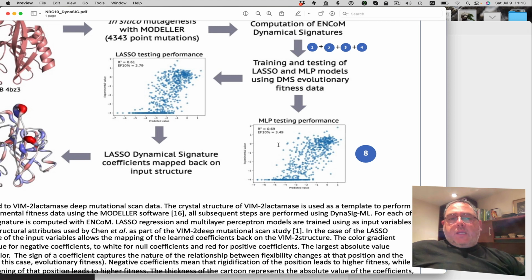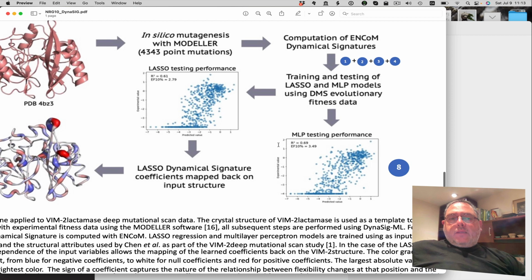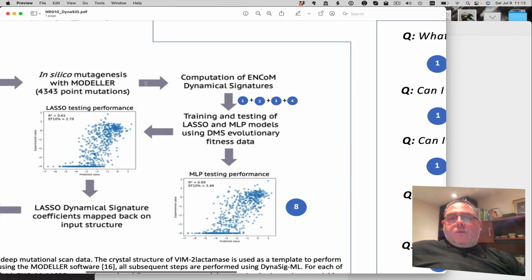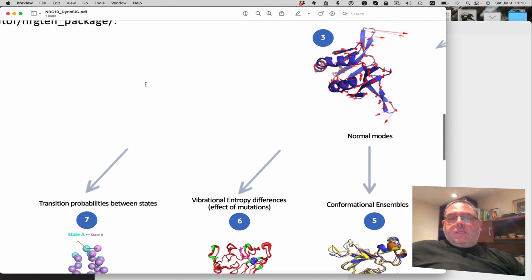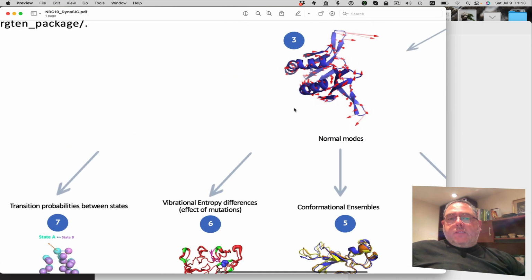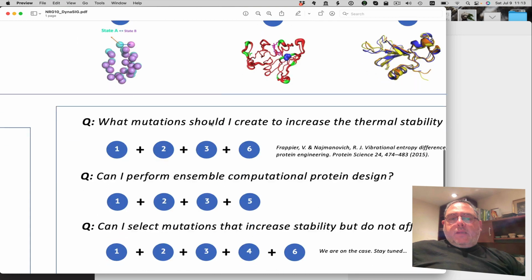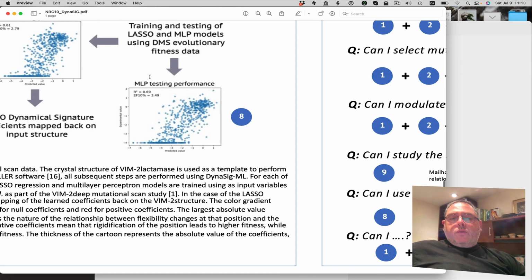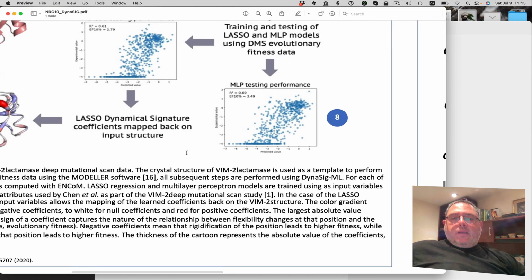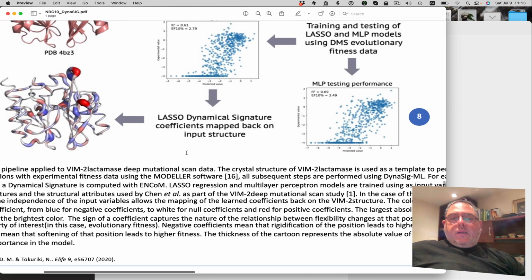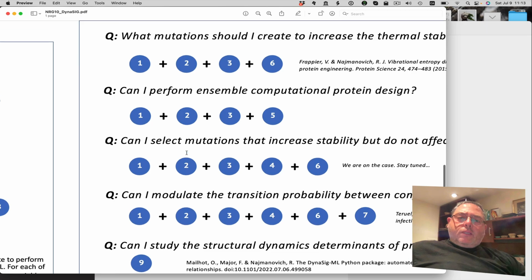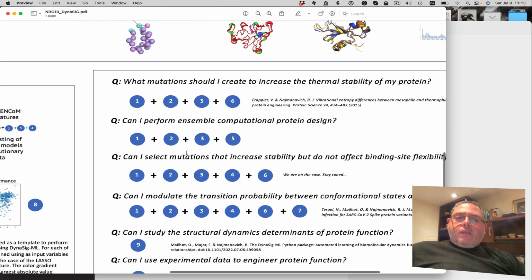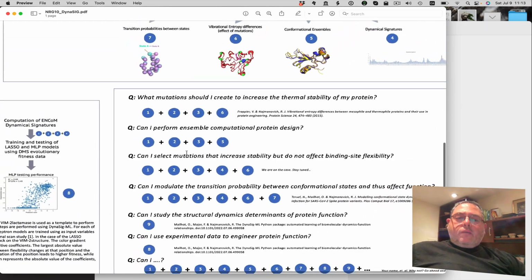In particular, we can think that because the normal modes and their effect in flexibility is widespread, it's not linear, then a non-linear model like a perceptron can capture this more efficiently. So what applications can you have in terms of protein engineering?